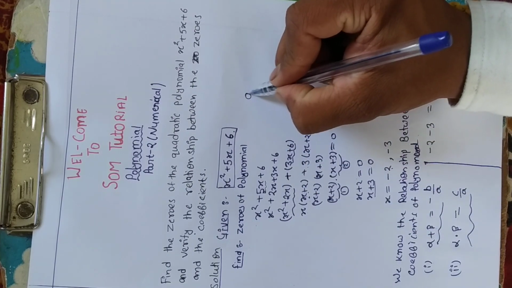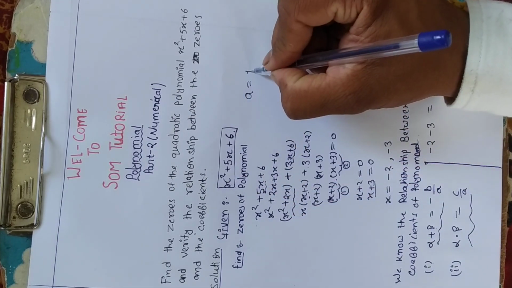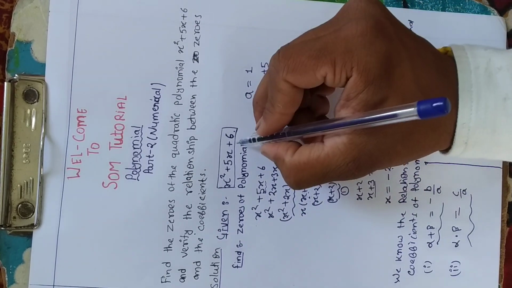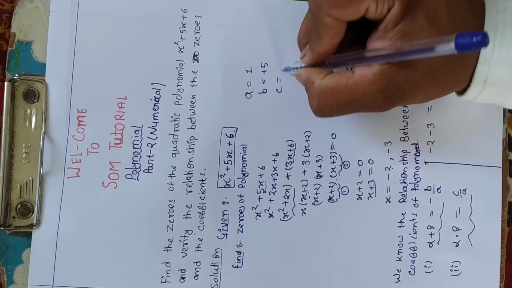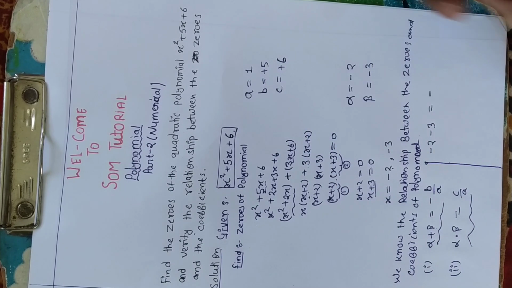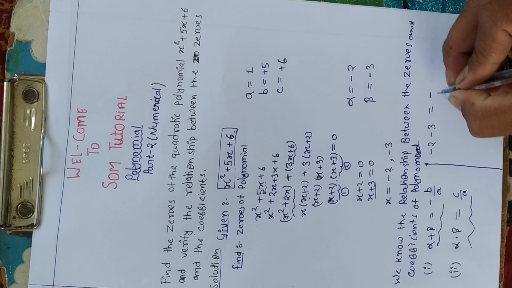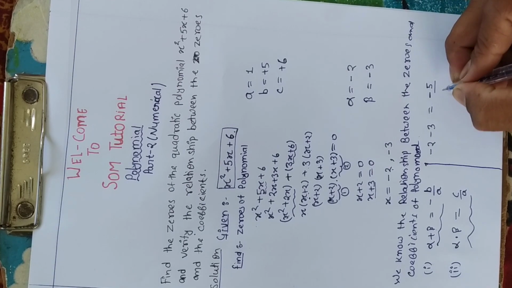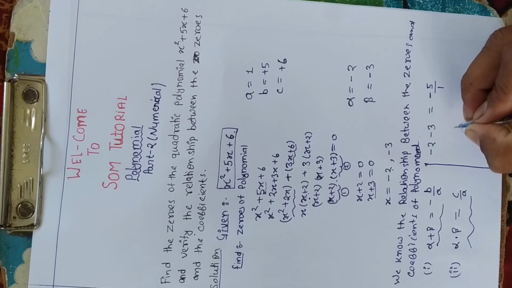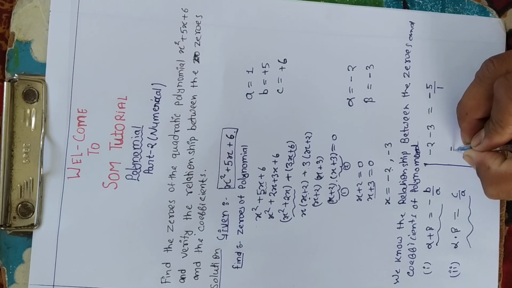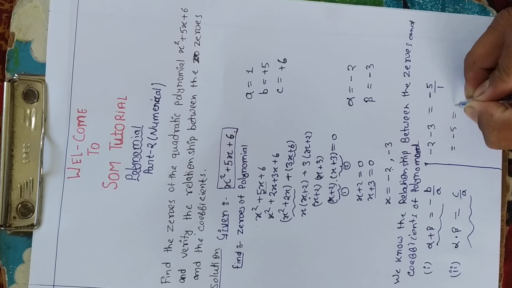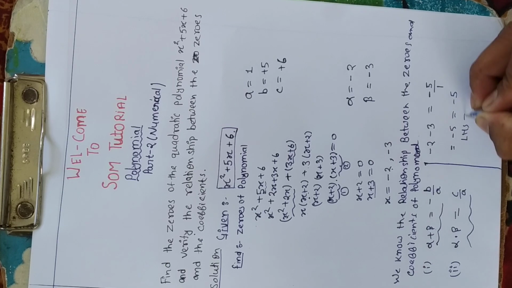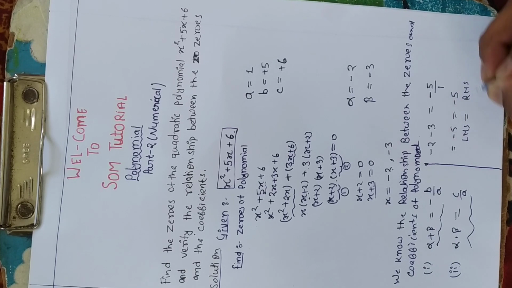So value of a is 1, value of b is plus 5 and value of c is plus 6. So this becomes minus 5 and minus 5. So LHS is equal to RHS.